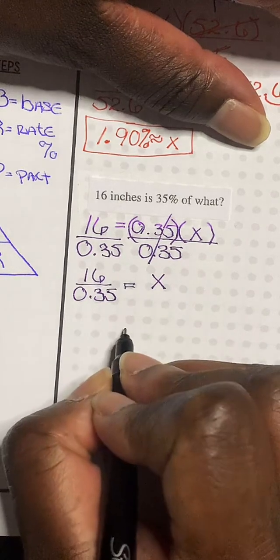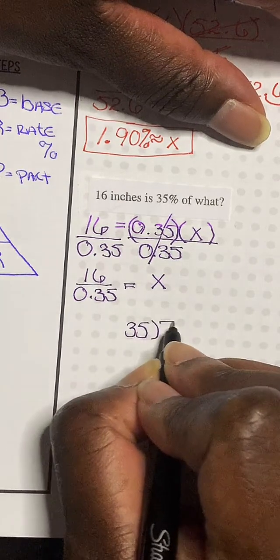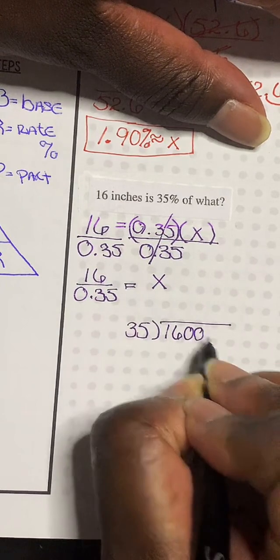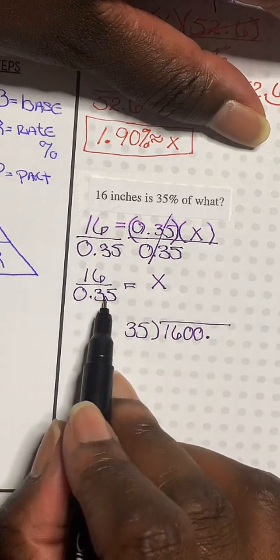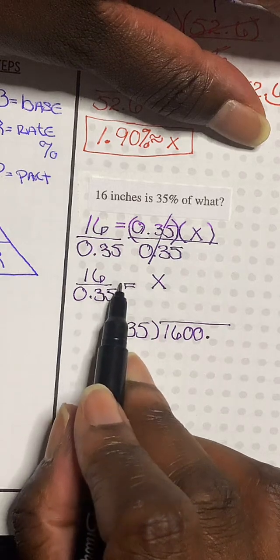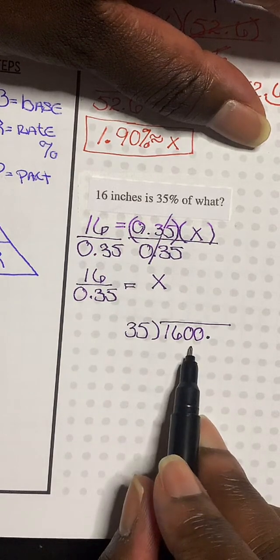It would look something like this. This would be 35 here, but our dividend is going to be 1600, then the decimal place. Because if you move 2 places to the right for the divisor, you have to move 2 places to the right for the dividend. The dividend is the one underneath.